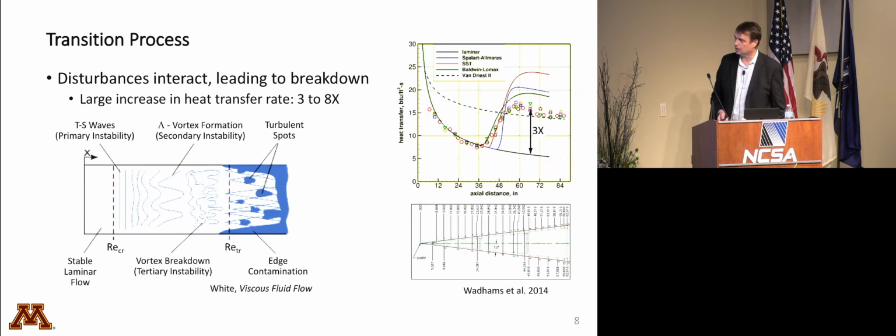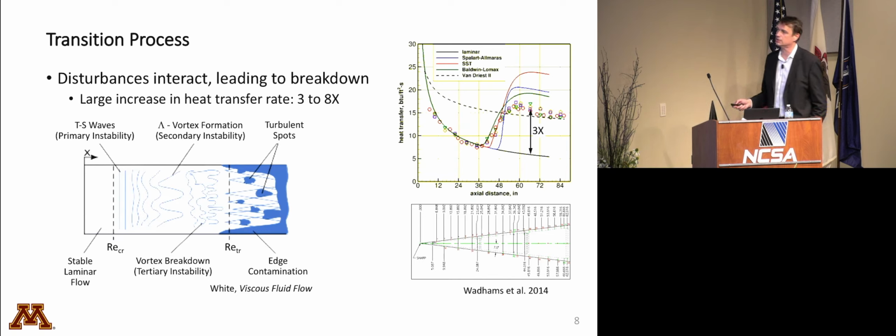So, another way to look at that is, this is a low-speed picture, but kind of canonical from an undergraduate textbook, but this is sort of saying the same thing, that there is some primary instability that causes a secondary instability, and then those instabilities interact and you form turbulent spots and you break down. And so, this process is what we're trying to understand.